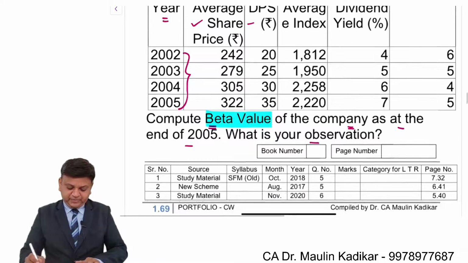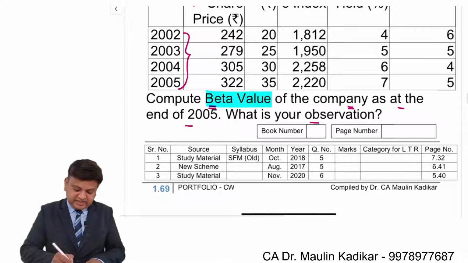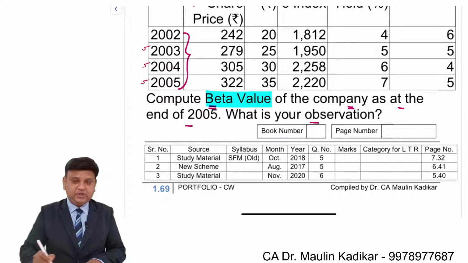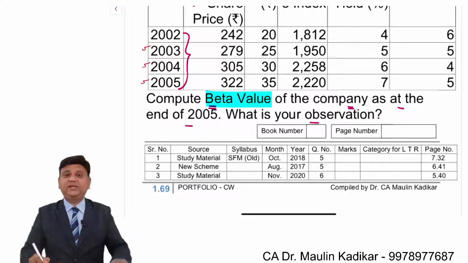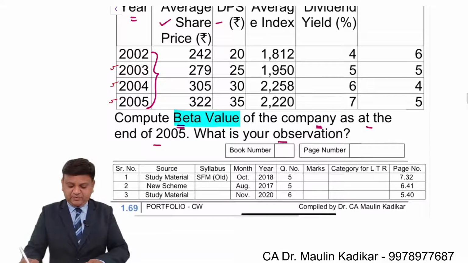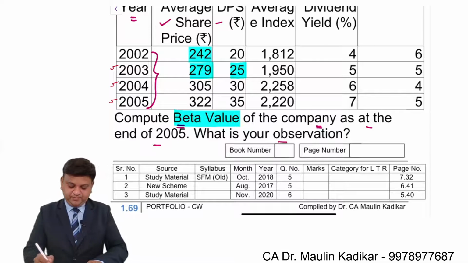Taking into account the information which has been given to us, we can find the return for the year 2003, 2004 and 2005. For these 3 years, return can be calculated. For the year 2003, listen carefully. The dividend income is 25, P1 will be taken as 279 and P0 will be taken as 242.